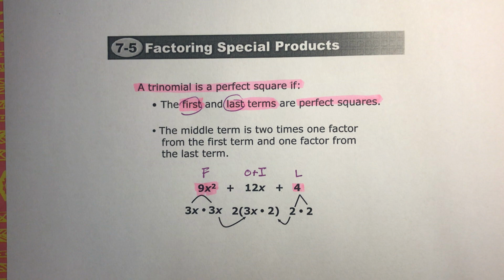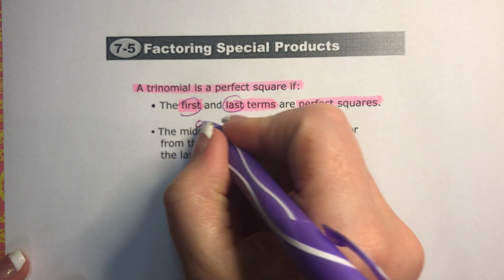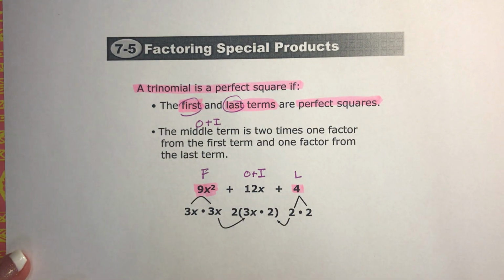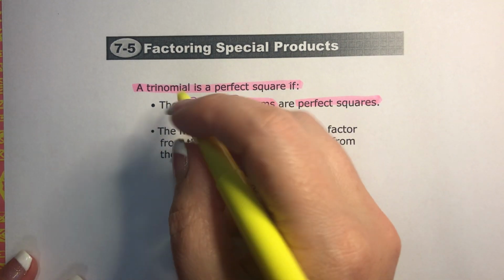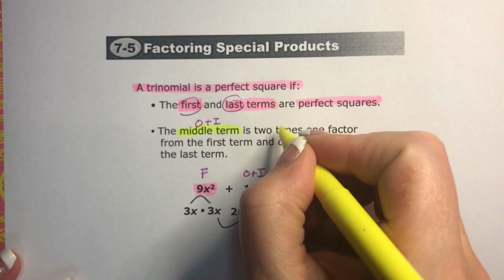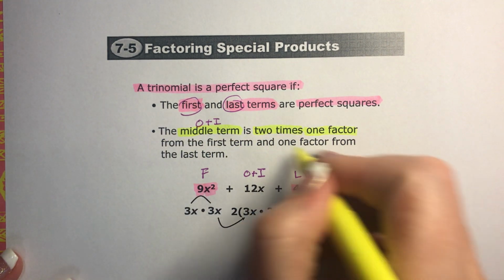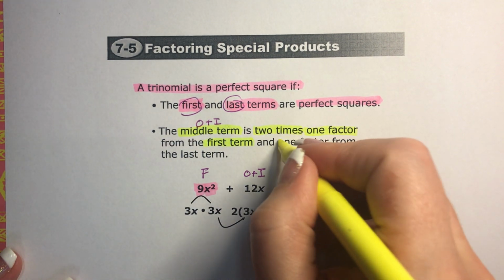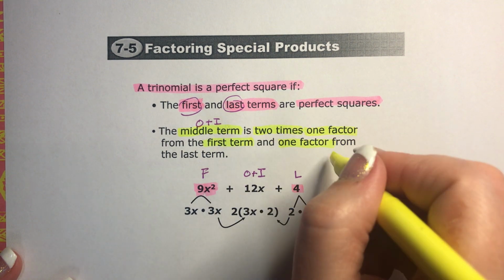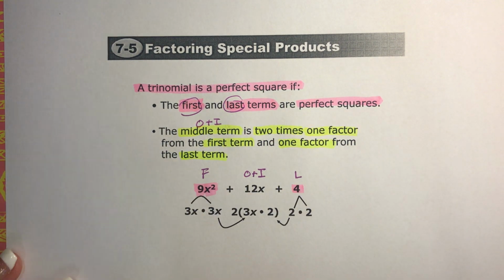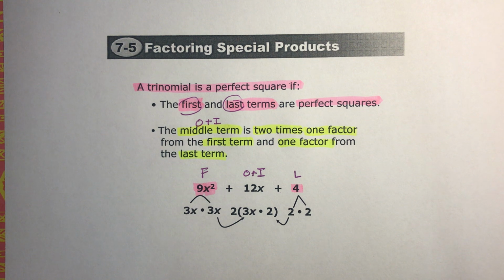With this one, it's the outside plus the inside. That's how you get that middle term, right? The middle term is 2 times 1 factor from the first term and 1 factor from the last term. Okay, so let's see what that means.